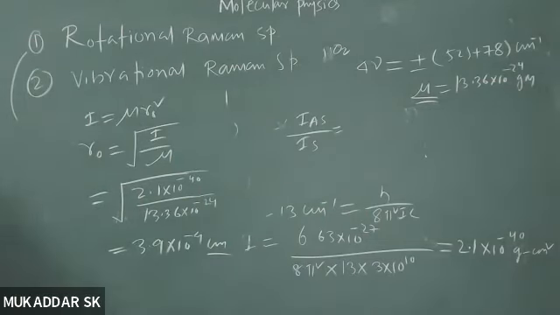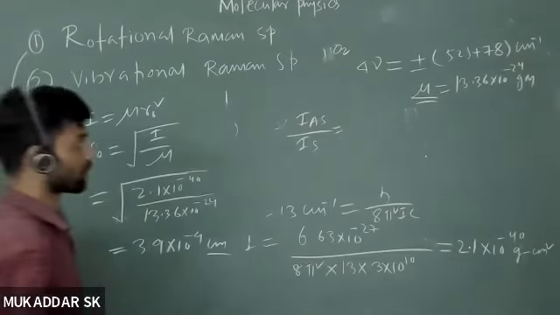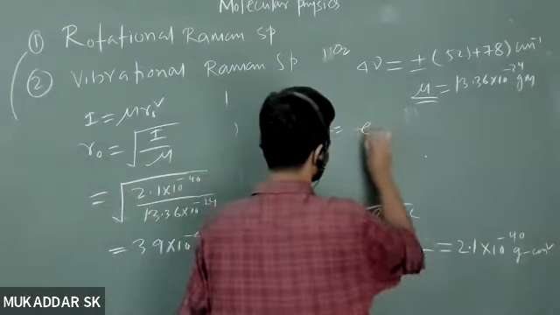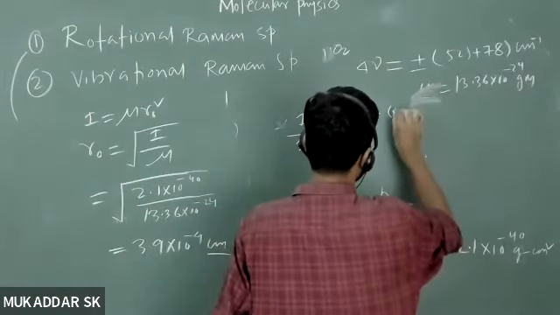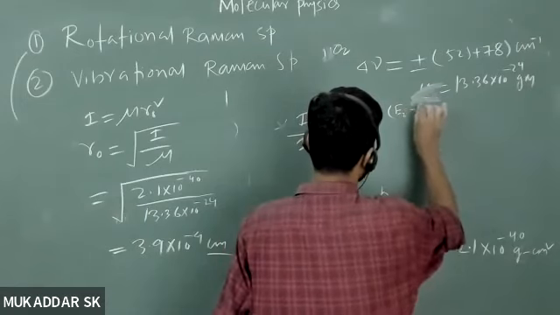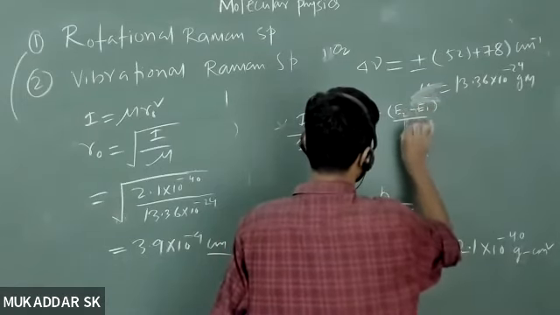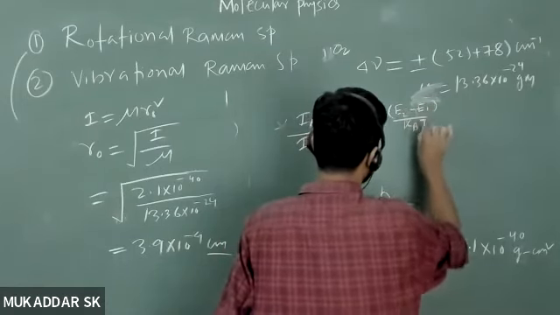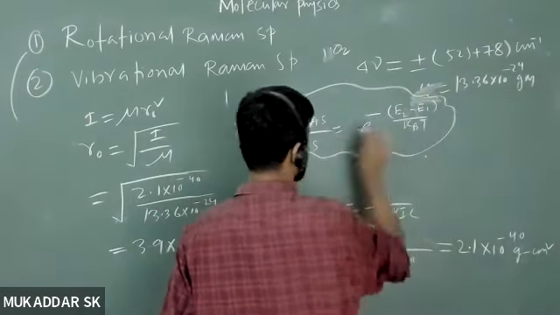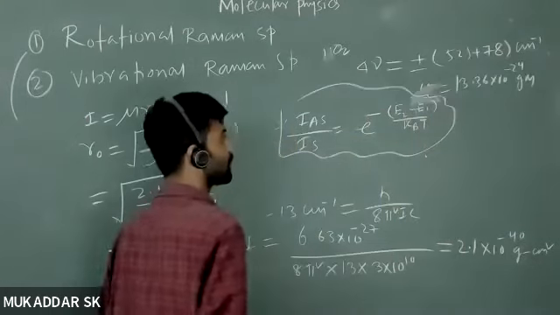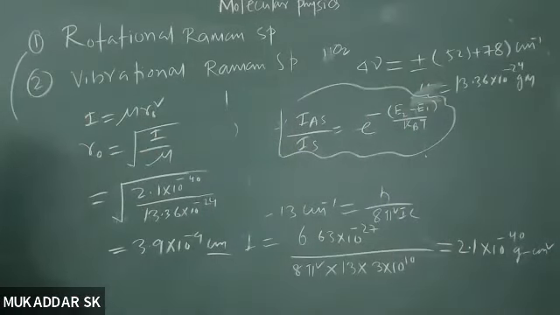It will depend upon what factor? Exponential minus delta E, E2 minus E1 by KT. So these things also can be important for your exam. E2 and E1, this may be rotational level or vibrational level.